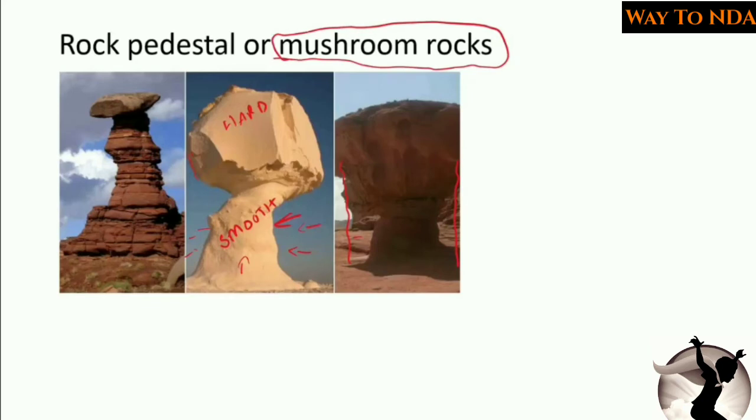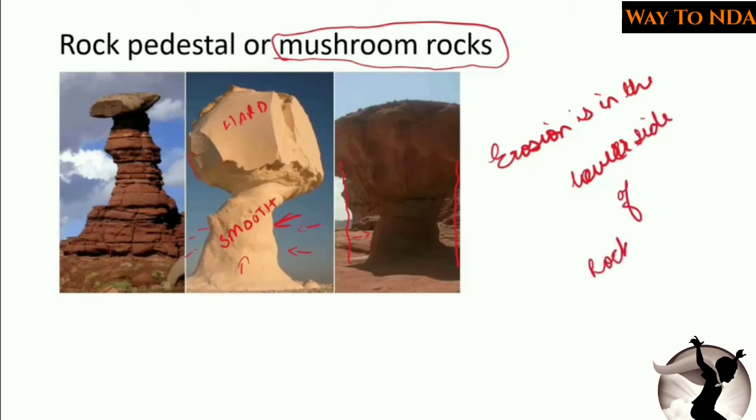Here you also can see. So mainly in the mushroom rocks, the erosion is on the lower side. Remember this, in the mushroom rocks, the erosion is on the lower side.